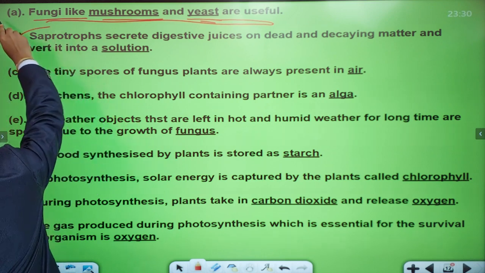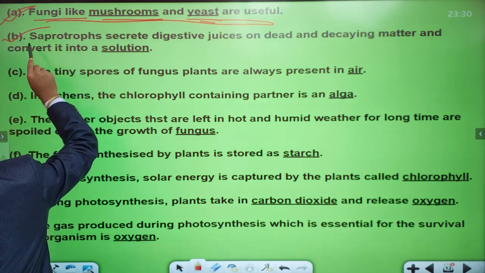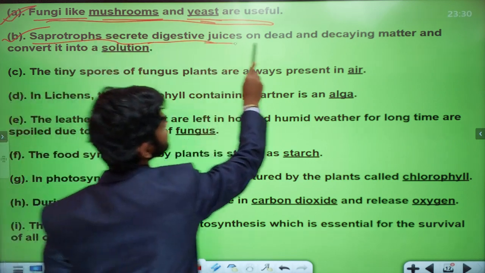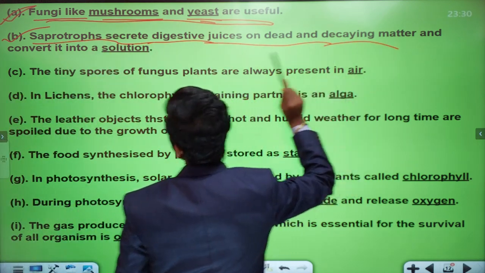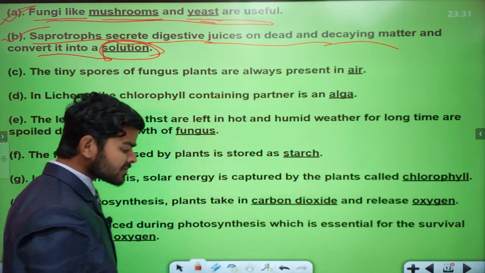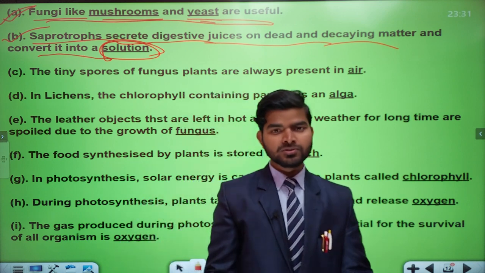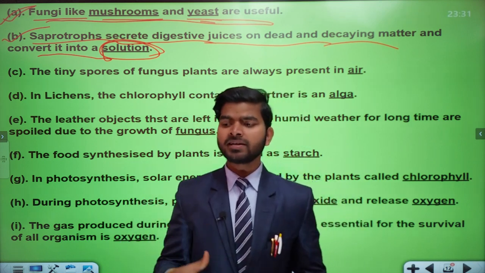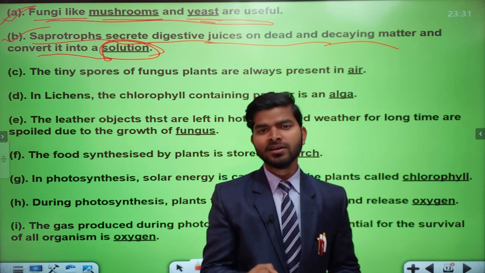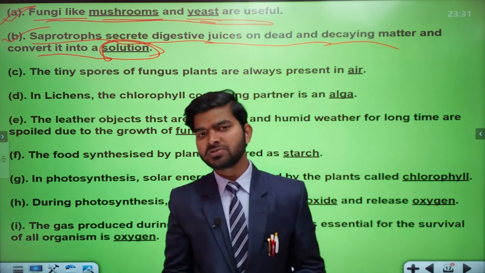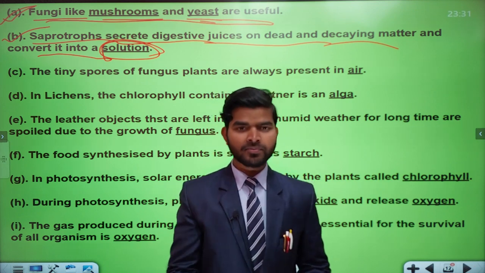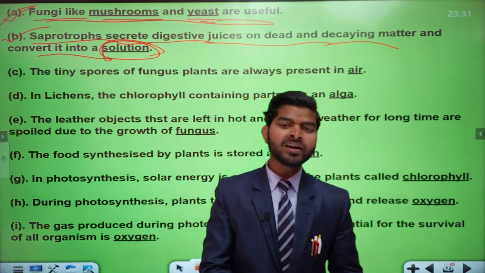Question number B. In this way, we have completed question number A. Next one: saprotrophs secrete digestive juices on dead and decaying matter and convert it into a solution. So that's why saprotrophs are able to take in that particular food material easily. A solution is just like a liquid, because they secrete digestive juices over that food in order to convert it into a solution.